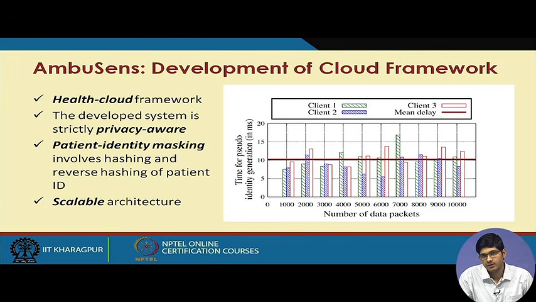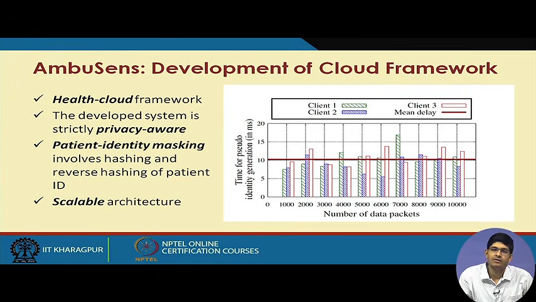The Ambusens project also leverages the power of cloud computing for storage and analytics, but here the challenge is that we are dealing with medical data which is often of a sensitive nature from a privacy standpoint. Cloud computing and storage is often vulnerable to compromise of a patient's identity.